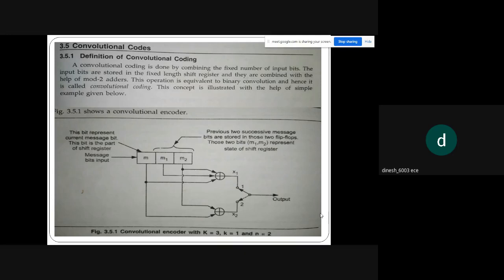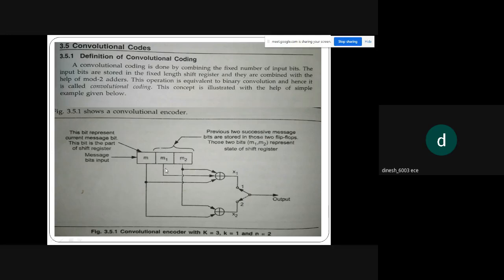So here is a diagram. You can see a diagram which consists of a message input bit represented by M. This bit is always the current message bit, and it is part of a shift register. Then we have two successive messages, M1 and M2.